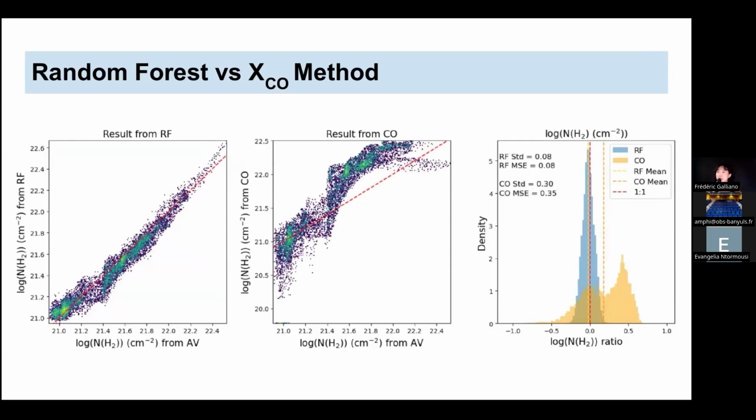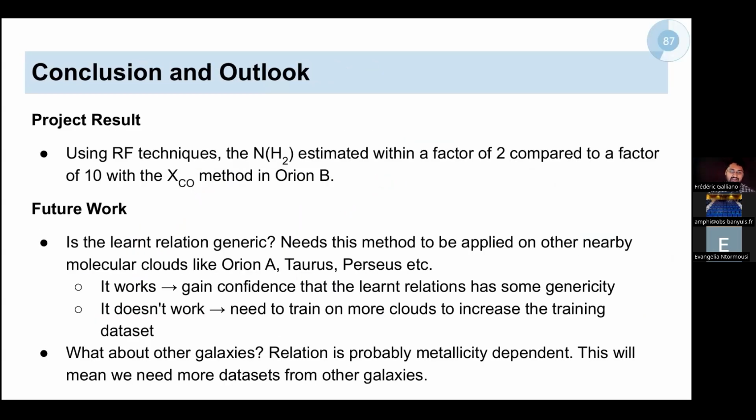It also has a smaller bias and smaller standard deviation. So after 13 days of hard work and fun time, we conclude that using the random forest technique, the machine can estimate column densities to within a factor of 2, as compared to the traditional XCO method, which does it to within a factor of 10.